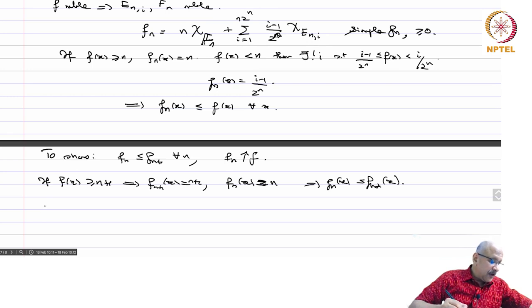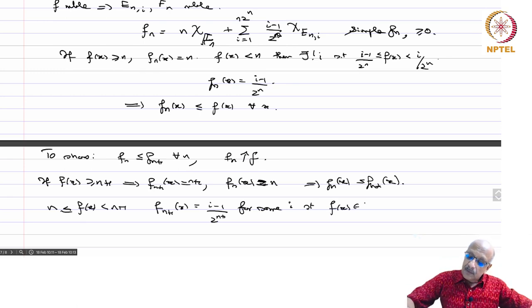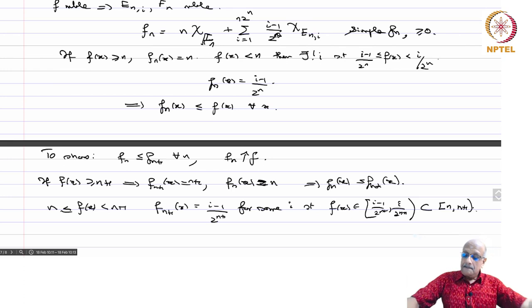So if n is less than f(x), which is less than n+1, then you have f_{n+1}(x) equal to (i-1)/2^{n+1} for some i such that f(x) belongs to [(i-1)/2^{n+1}, i/2^{n+1}), which will be contained in n+1, because we are going to divide like that.